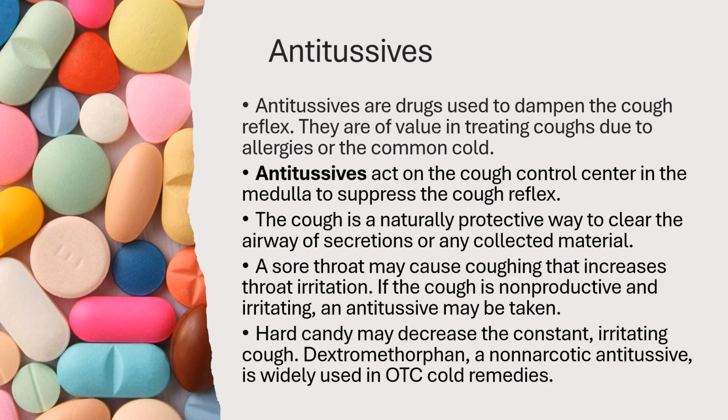Although it does not have the same level of abuse potential as the opioids, large amounts of dextromethorphan produce symptoms that include hallucinations, slurred speech, dizziness, drowsiness, euphoria, and lack of motor coordination.